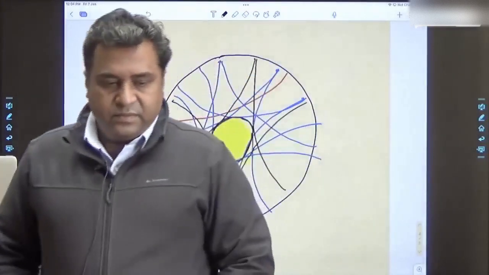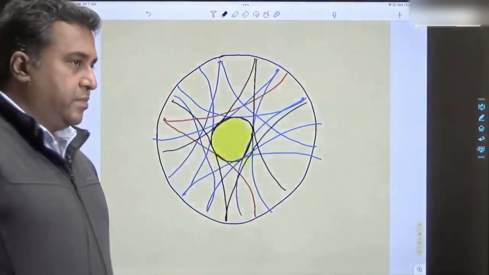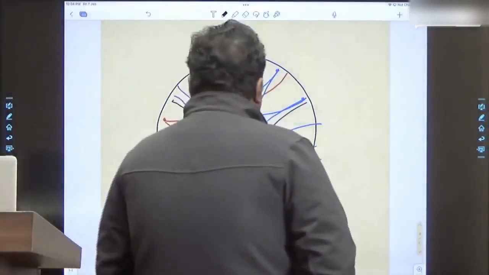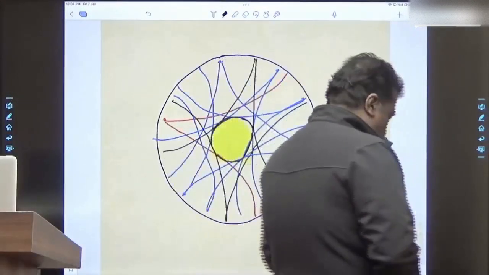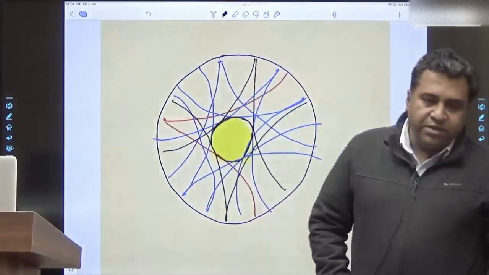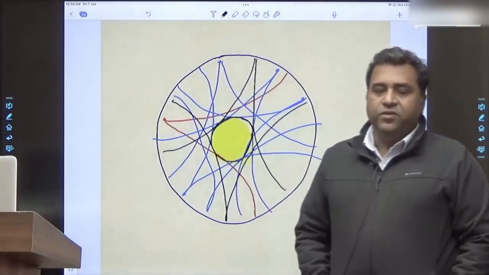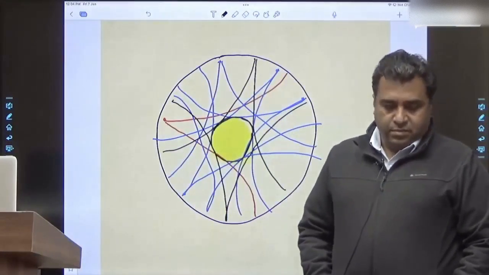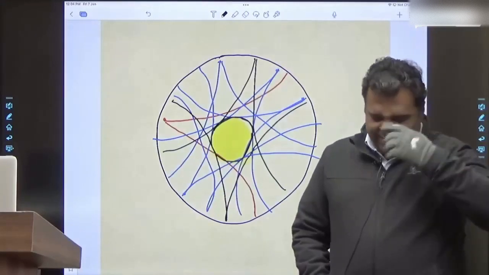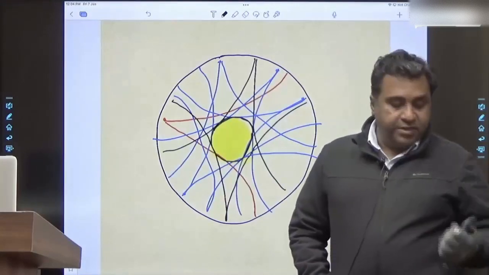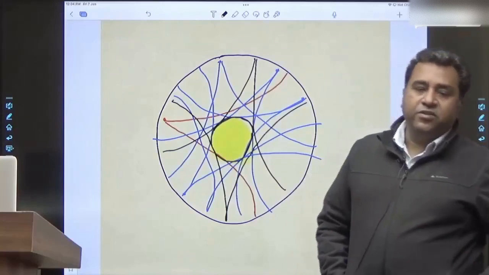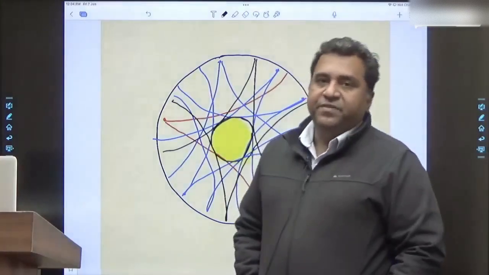Concentric, spherical liquid region. Concentric spherical liquid region in the center of the earth, through which P waves are not able to pass.